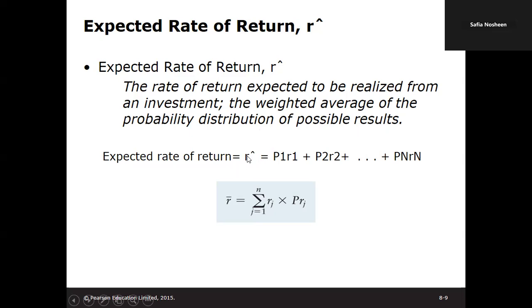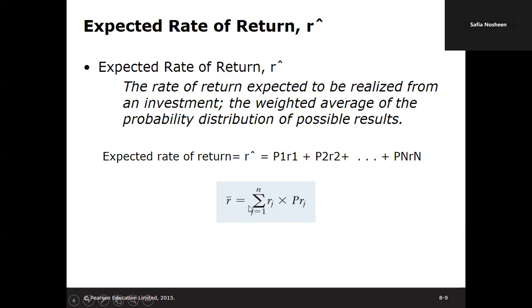It means that the expected return is the probability for period one multiplied with the returns attached to that probability, and then we sum up all these probabilities with their related returns. These are the weighted average of the probability distribution of the possible returns.